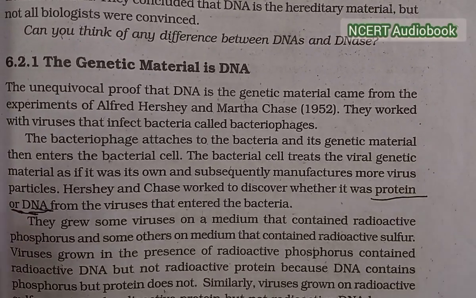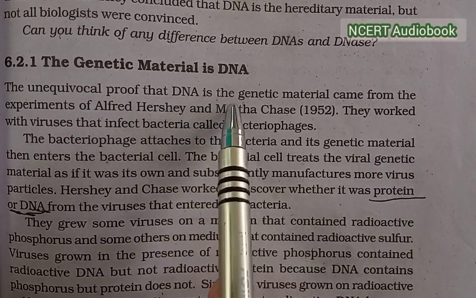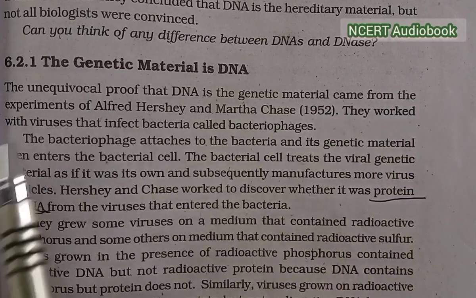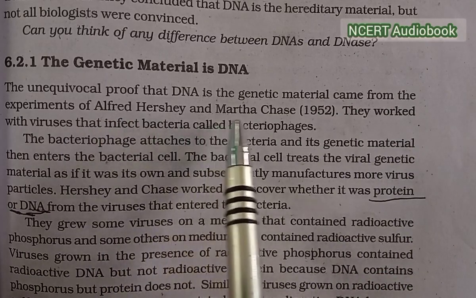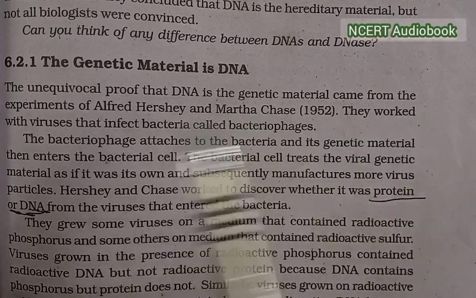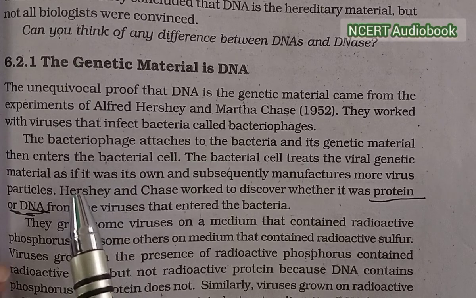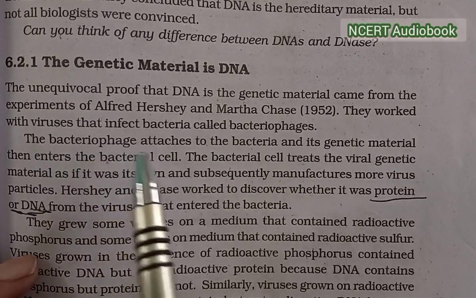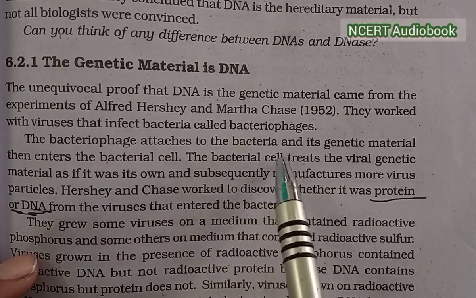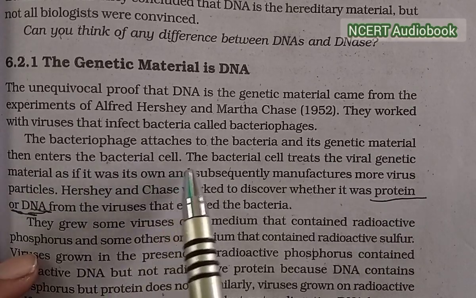The genetic material is DNA. The unequivocal proof that DNA is the genetic material came from the experiment of Alfred Hershey and Martha Chase in 1952. They worked with viruses that infect bacteria, also called bacteriophages. The bacteriophage attaches to the bacteria and its genetic material then enters the bacterial cell.